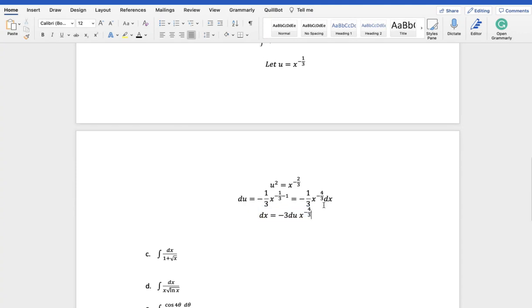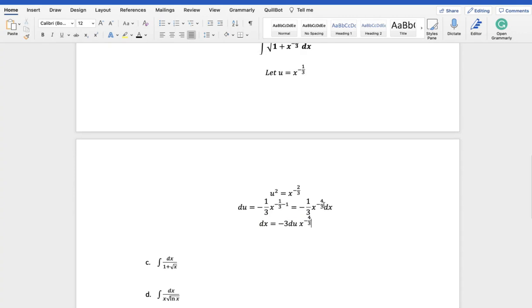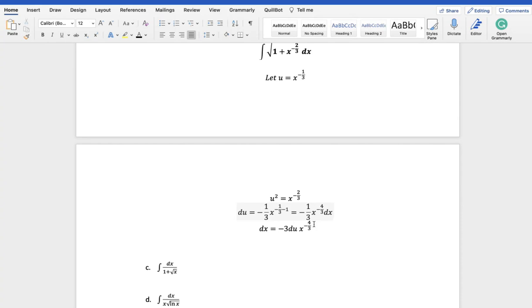Right? You can change the x there, so dx is equal to minus 3 du. You can change the x to u to the power of 4.